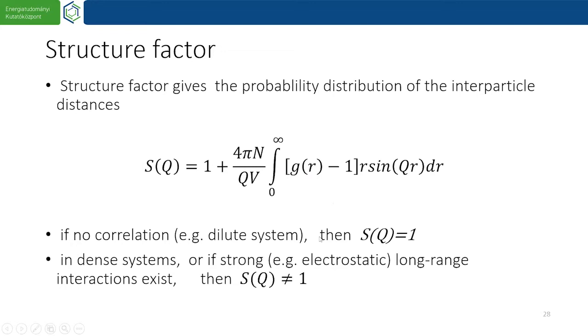If the interaction is very small, for example if the particles are not charged, it doesn't mean that they don't interact. Particles always interact, just because they cannot approach each other closer than their dimensions. This effect is called the excluded volume effect.